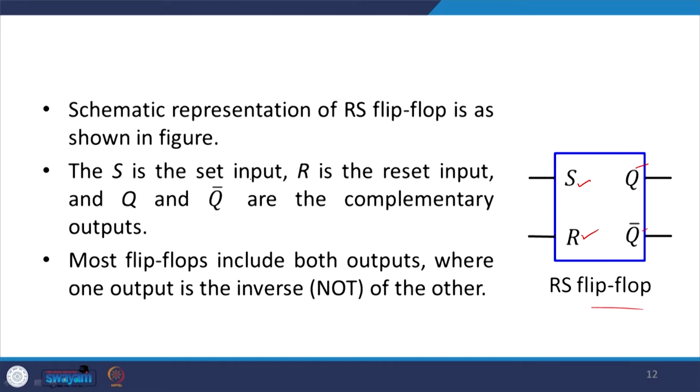Here S is the set input, R is the reset input, Q and Q bar are called complementary outputs. Most flip flops include both outputs where one output is the inverse of the other.